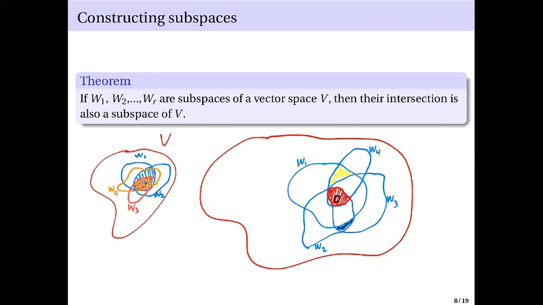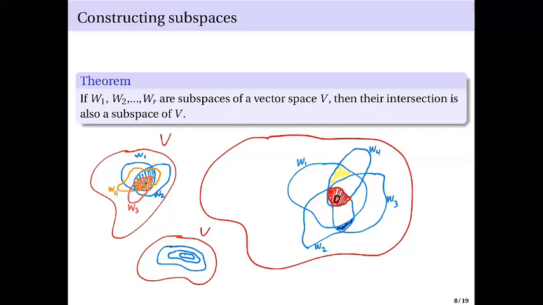Unless this is your case. You have a vector space V there. You have a subspace W1 here and then another subspace W2 here. The zero vector is somewhere inside.